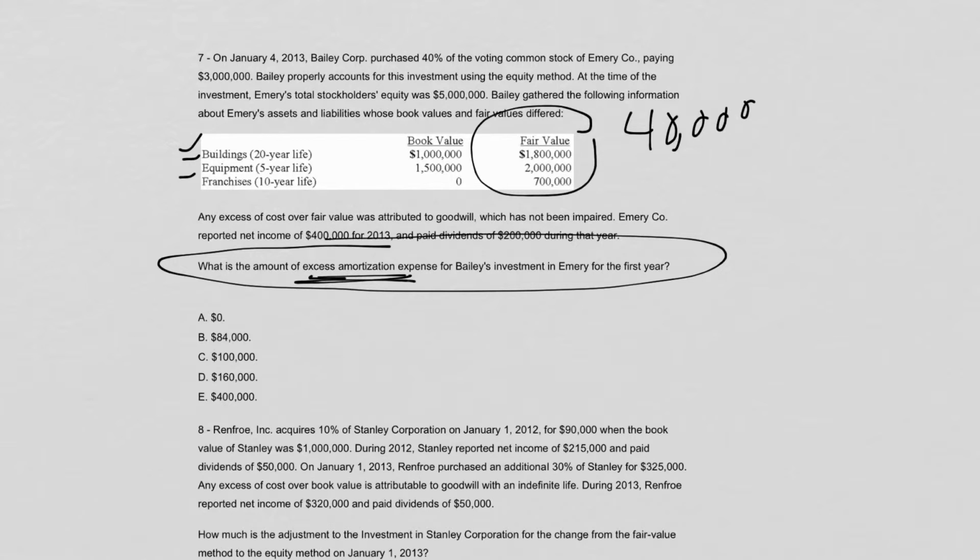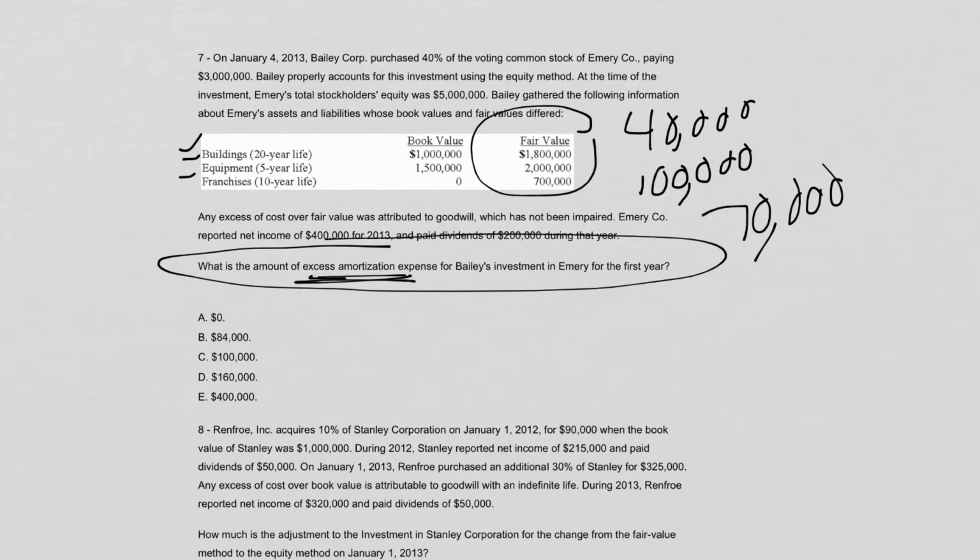500 is number 2, the equipment, and that's over 5 years. $500,000 difference over 5 years, and that's 100,000 a year. And finally, the franchise is $700,000 difference from book value over 10 years, or $70,000 a year.